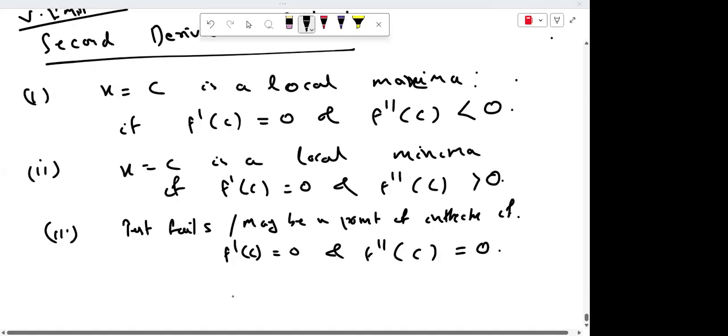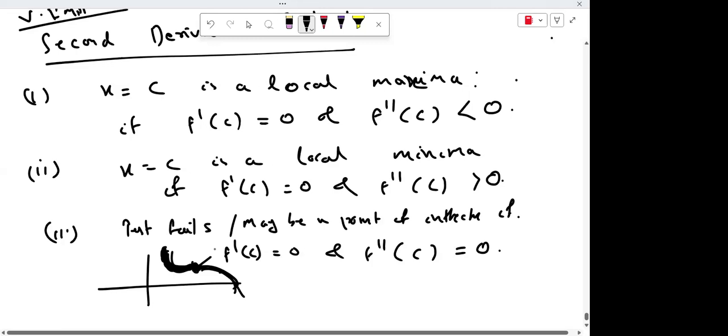Third point is if f dash c is 0 and f double dash c is also 0, then this test fails. It may be a point of inflection. Point of inflection means a function like this. This might be a point of inflection, okay, where the curvature changes. This part is concave upwards. This part is concave downwards. So where it changes the concavity, it is called point of inflection.